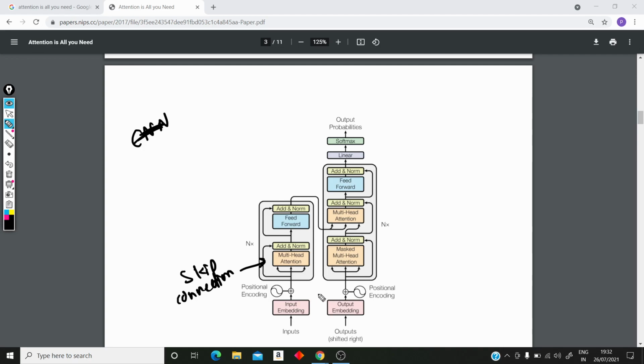What we are doing with a skip connection is this: if this attention is not useful for me, even though I'm getting some attention function output, I think it is very low and I don't need it, then we can skip this attention block and go to the next block, because we have 6 encoders, right?